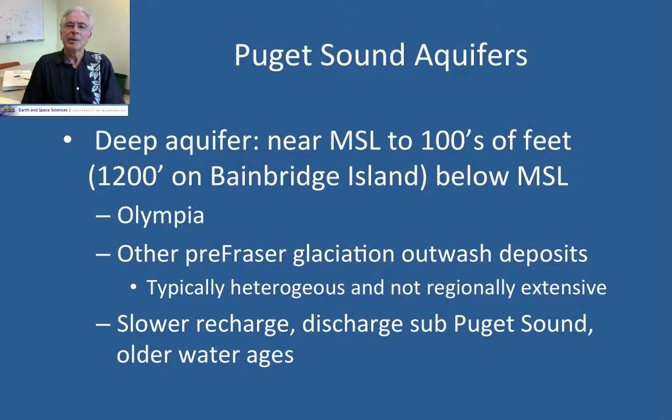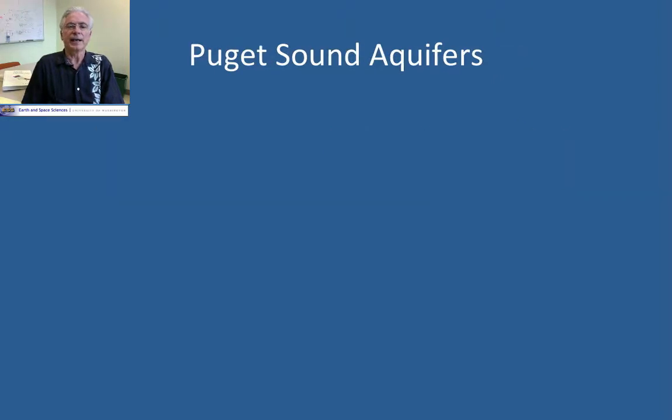These are typically more heterogeneous than the QVA and are not typically regionally extensive. Recharge in the deeper aquifers is slow, and discharge tends to be sub-Puget Sound. The water is clearly older in age than that found in the QVA.